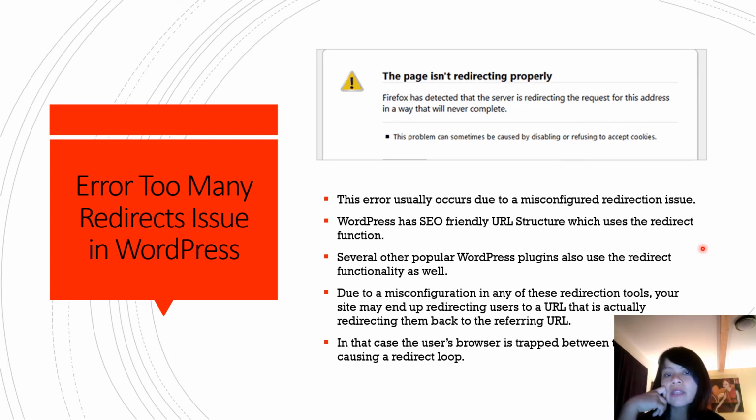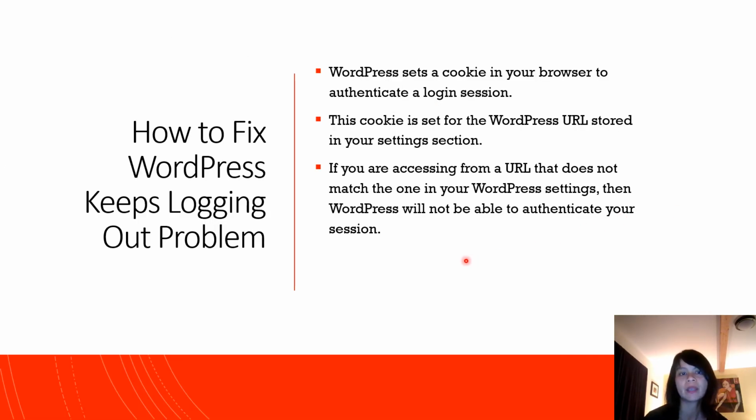Several other popular WordPress plugins also use the redirect functionality as well. Due to a misconfiguration in any of these redirection tools, your site may end up redirecting users to a URL that's actually redirecting them back to the referring URL. So in any case, the user's browser is kind of trapped in this loop. So that's what's happening here.